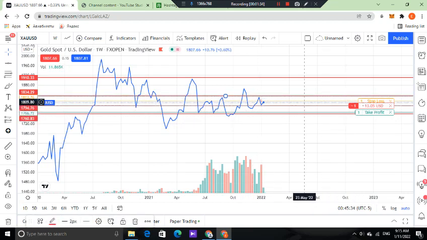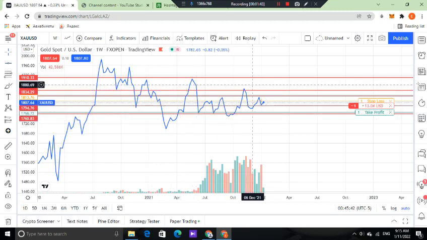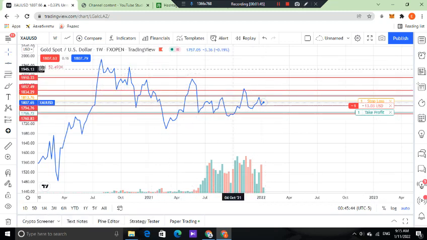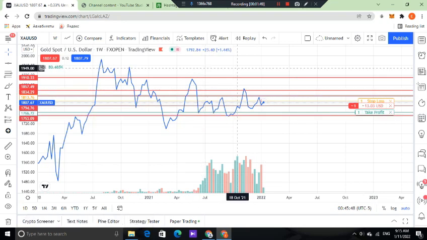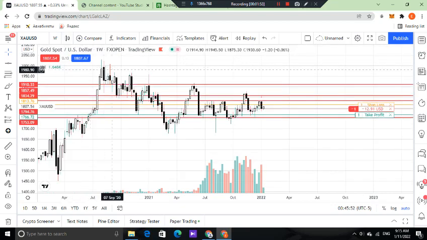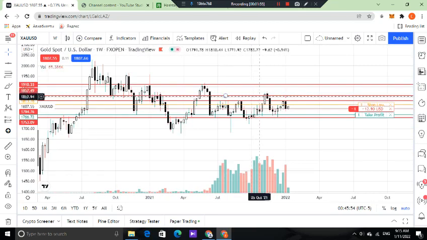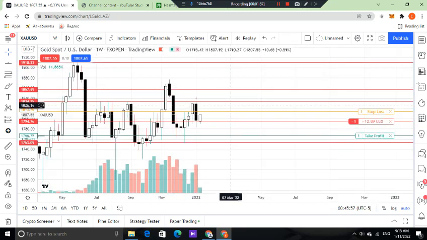So when we have these levels, it's not easy for the price to just cross it and move. It takes time, and yeah, it's not that easy.